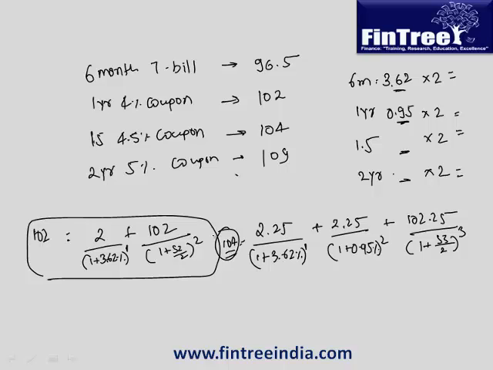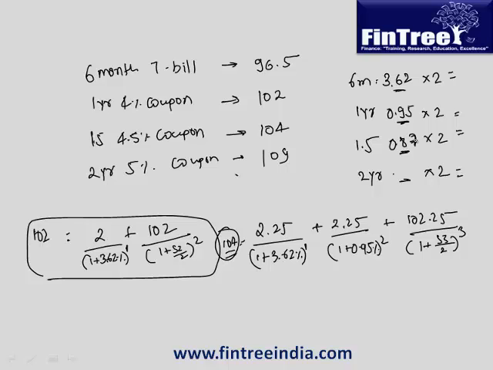Compute IY. 0.87. So 0.87 is your 1.5 year spot rate, multiplied by 2.